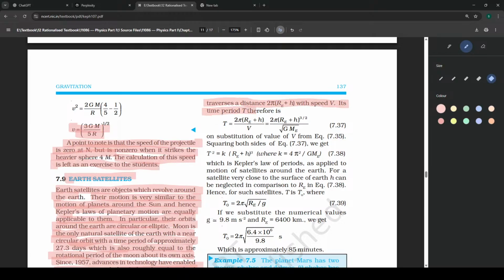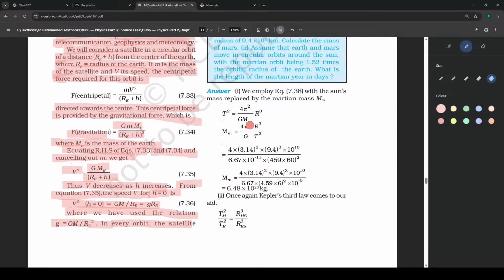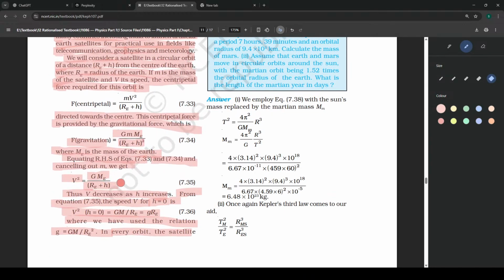Its time period therefore is T equals 2 pi r by v. Velocity we know, we substitute our velocity from the previous equation.